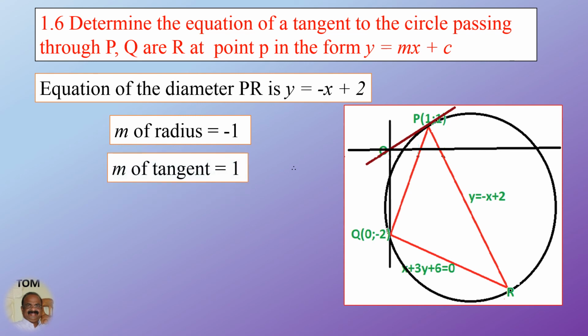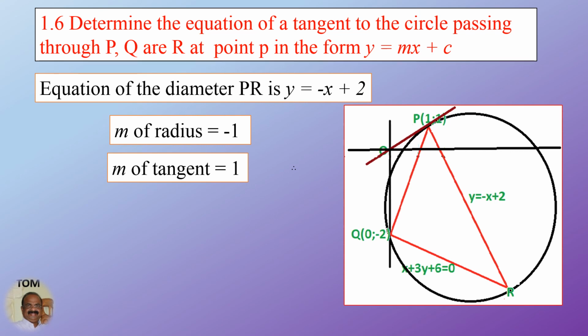Now the tangent is always perpendicular to the radius. Using the property of perpendicular lines, the gradient of the tangent can be obtained by dividing minus 1 by the gradient of the radius, that is another minus 1.